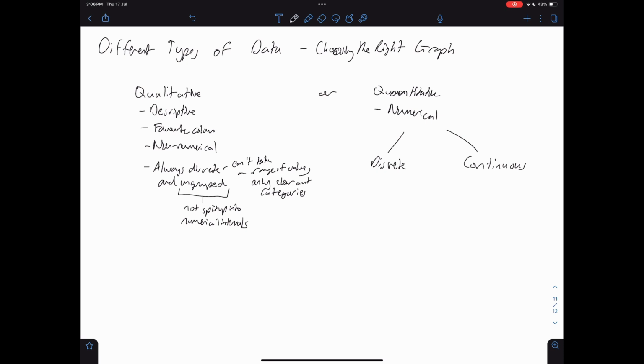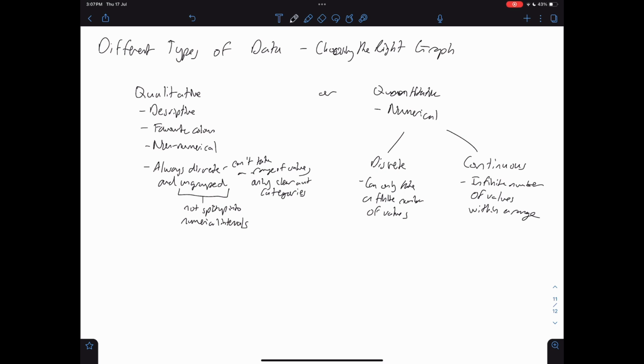Discrete means it can only take a finite number of values, but for continuous it's an infinite number of values within a range. And that's the thing with colour. There's only a finite number of colours, so it is going to be discrete data.